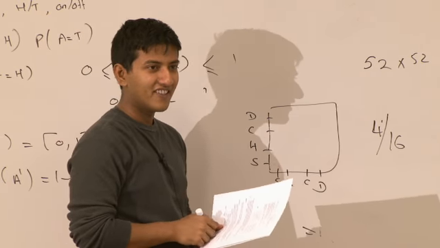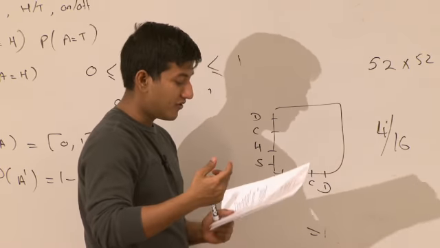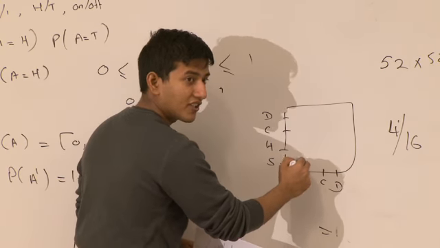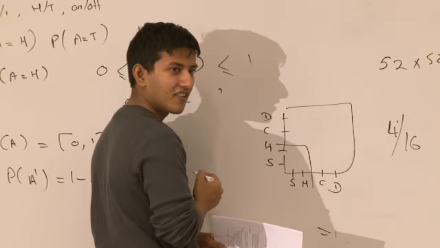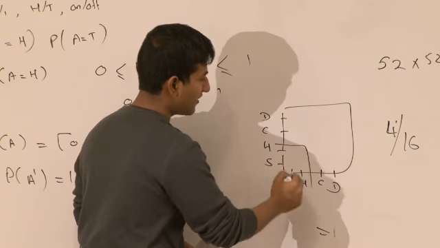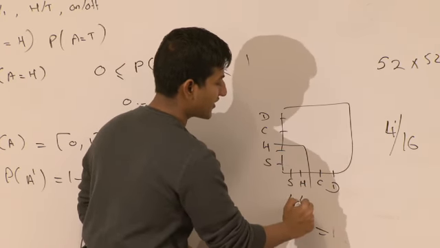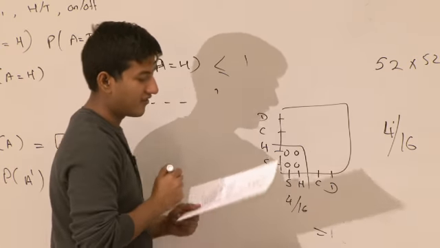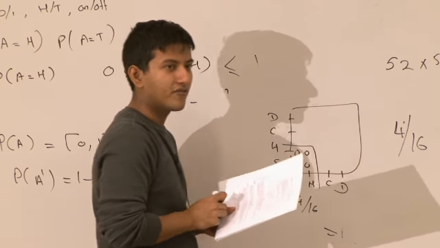If neither card is diamond nor club, then it could have been only these two values, right? Which is again 4 over 16. So there are 4 possible cases.